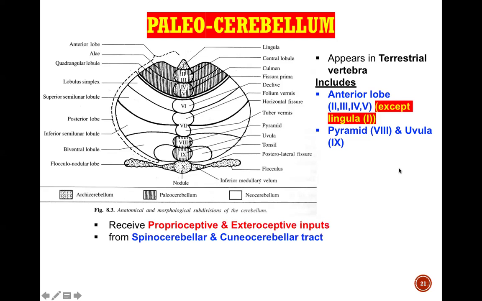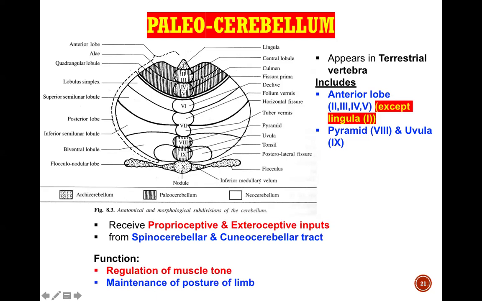So what does this part do? It receives proprioceptive and exteroceptive information coming from the spinal part as well as the cuneate part, through the spinocerebellar and cuneocerebellar tracts. Its main function is the regulation of muscle tone and maintenance of the posture of the limb.